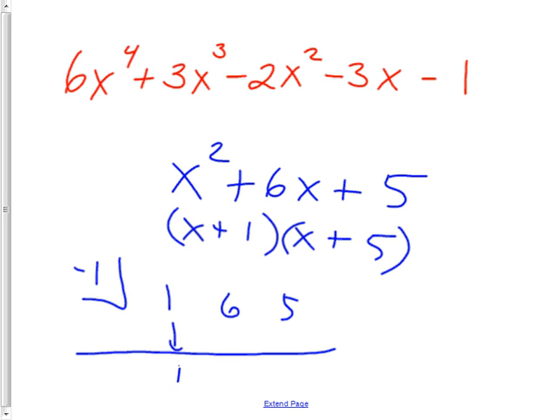Drop it like it's hot. Go from there. And then test -5. I'll do that in red over here. 1, 6, 5. Drop it like it's hot.